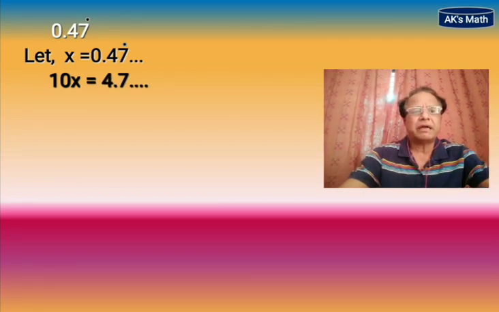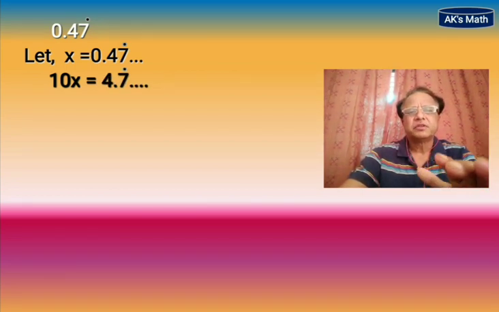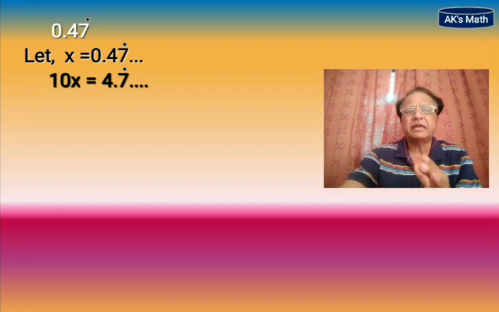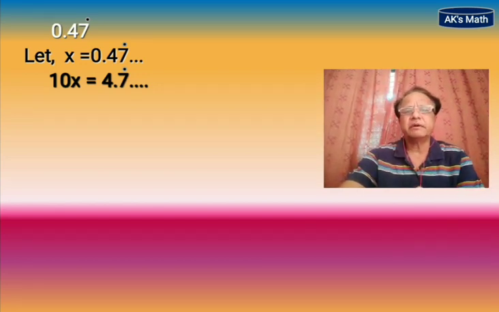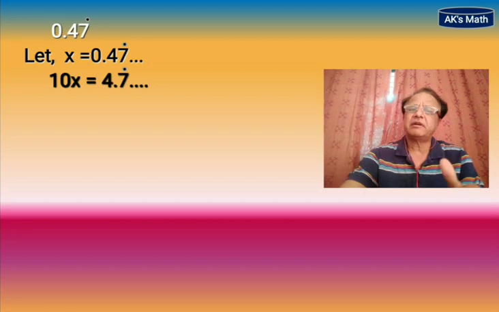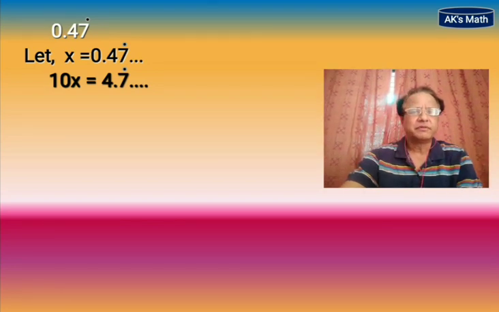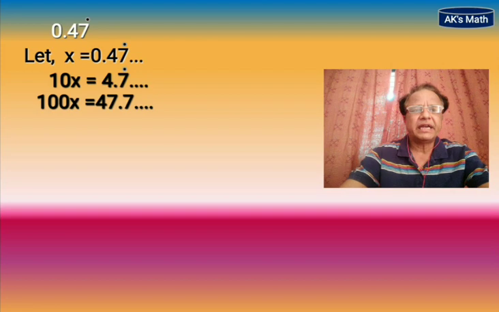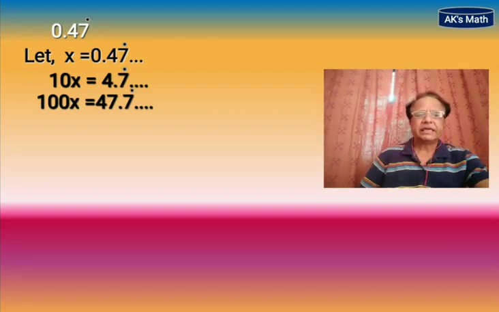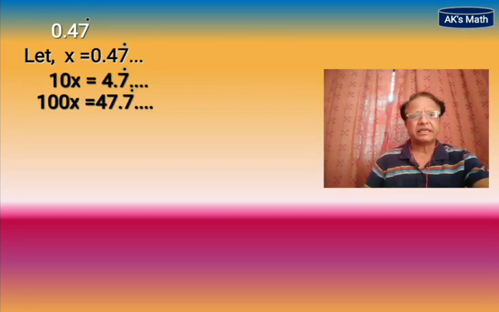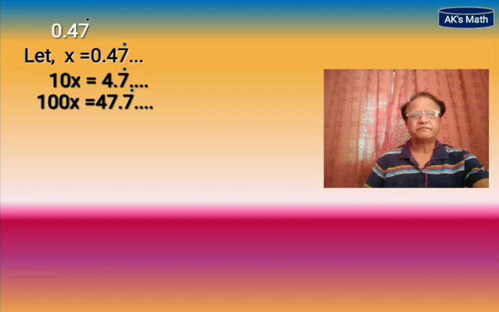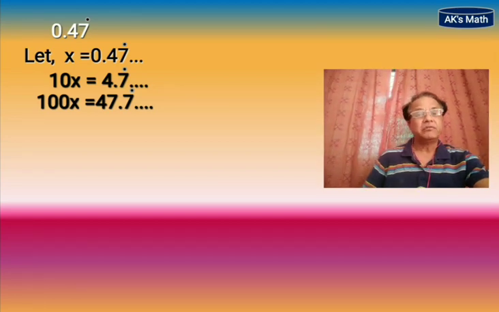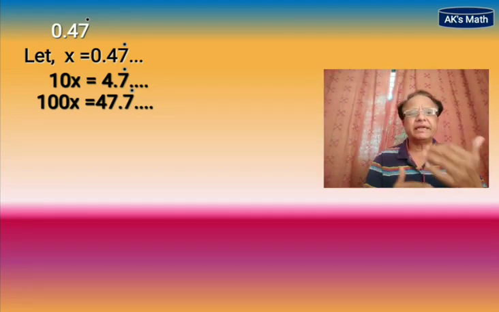Why do we have to multiply by 10? Just to push that decimal to the proper position. So it becomes 4.7 bar. Now 10x is the main one. Now we do the usual procedure. Take one more 7 in that and give the recurring symbol at the head of that 7, 4.77, and multiply it again by 10.